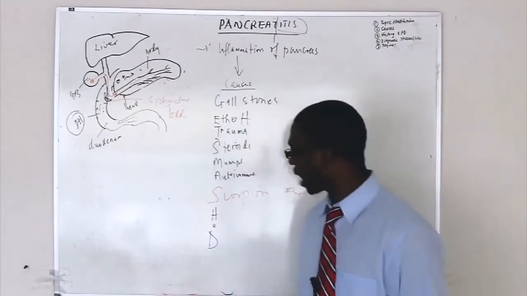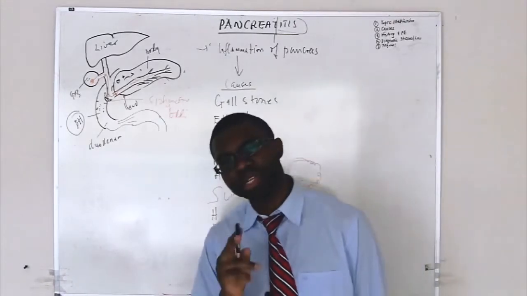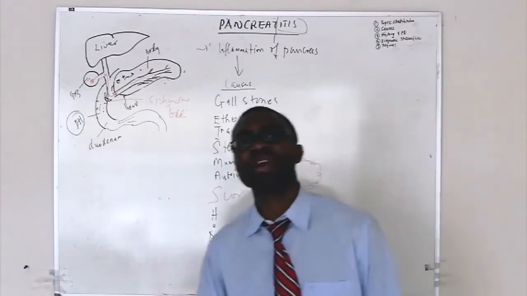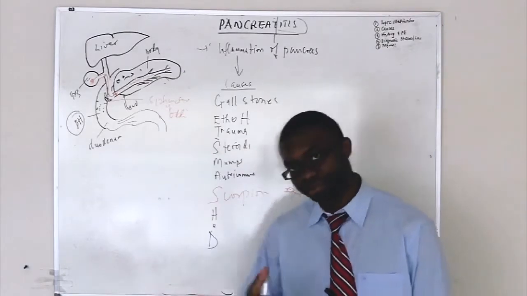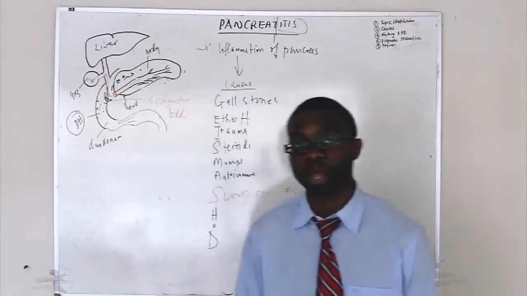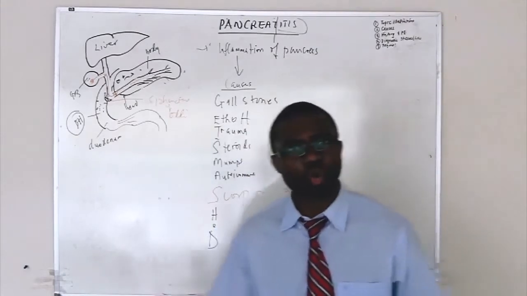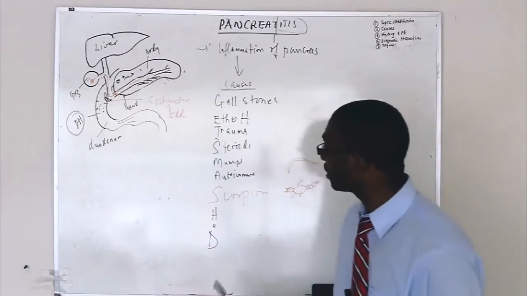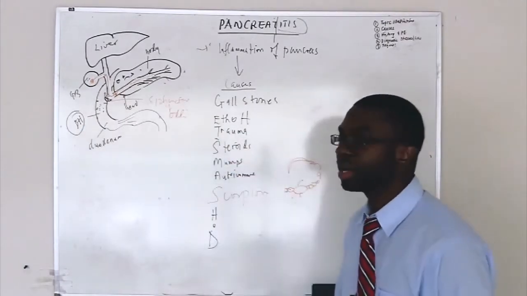Now this one, I like the H part. You know why I like the H? Because it's one of those things you never really think about. But I'm going to give you a case. A 79-year-old male comes to the ER complaining of mid-epigastric pain that radiates to the back. We try to work up what might be causing it. We knew he might have pancreatitis, but the problem is he doesn't have any stones, because when we did a right upper quadrant ultrasound, there was no stone.